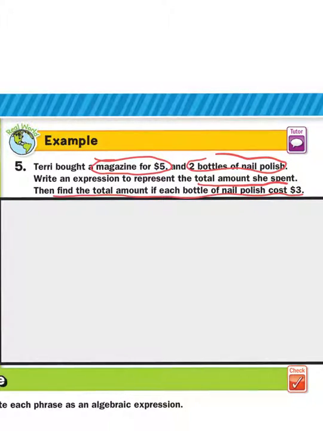So let's start with this. Here is what we know. We know a magazine costs $5. Here is what we don't know. We do not know the cost of bottles of nail polish. So our variable is going to be B, and B is the cost of nail polish.